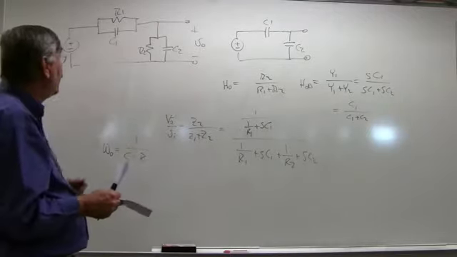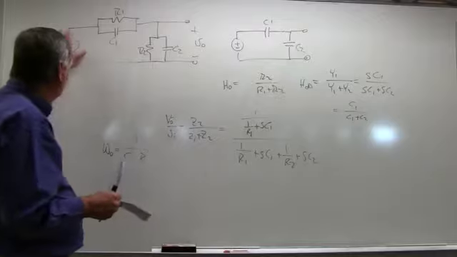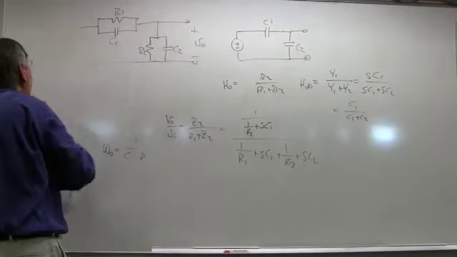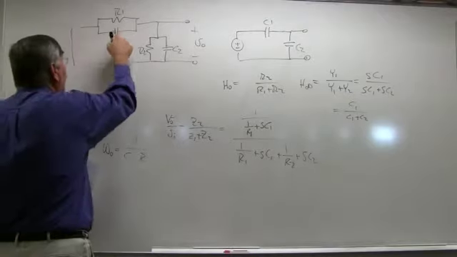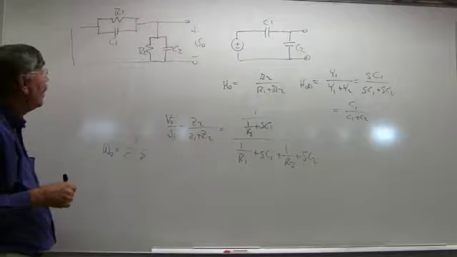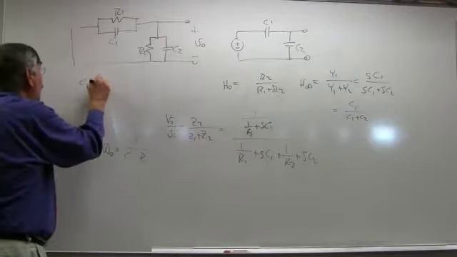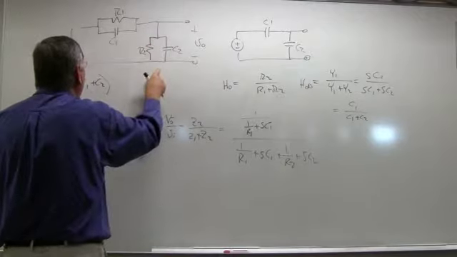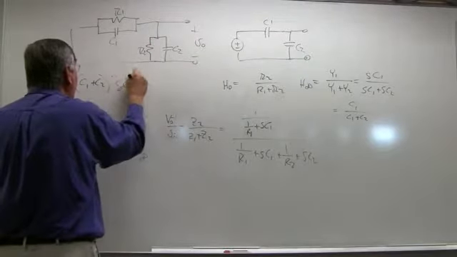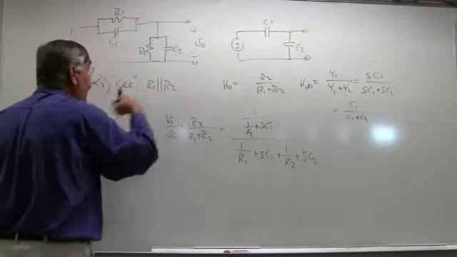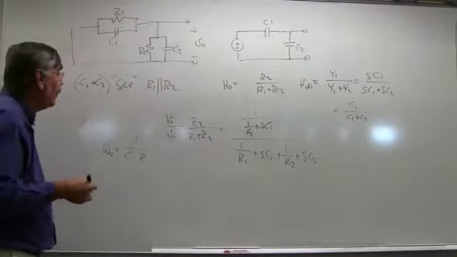Well, it looks like we don't have just one capacitor, but if I short-circuit this one temporarily, just so we can talk about it, look, C1 and C2 are now in parallel. They may not look like it, but they are. So C1 plus C2 have a resistance in parallel with them. I say they see a resistance of R1 in parallel with R2. There's a formula for that, but it's straightforward, right?